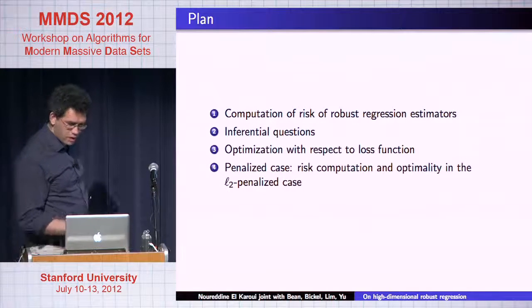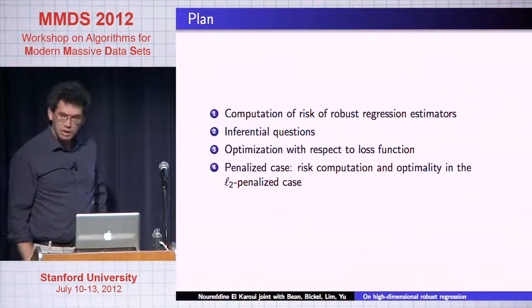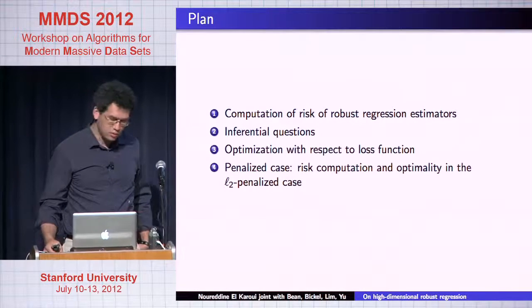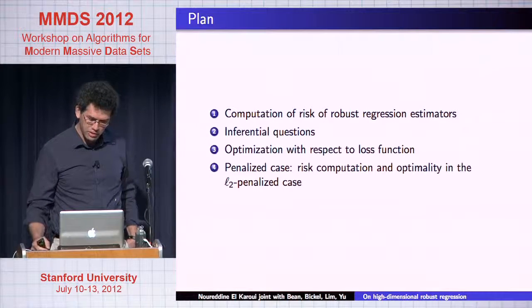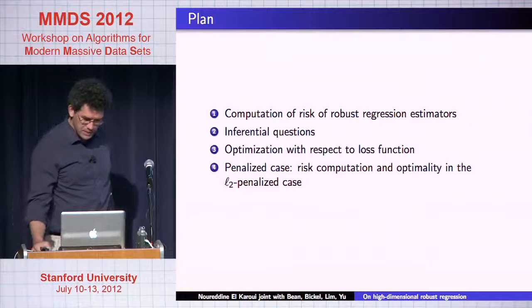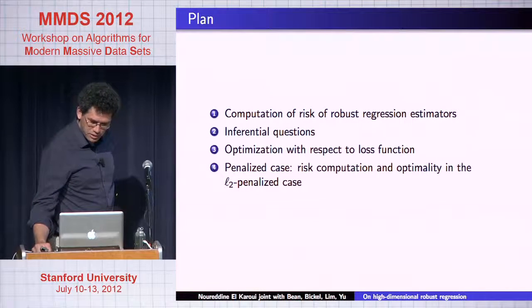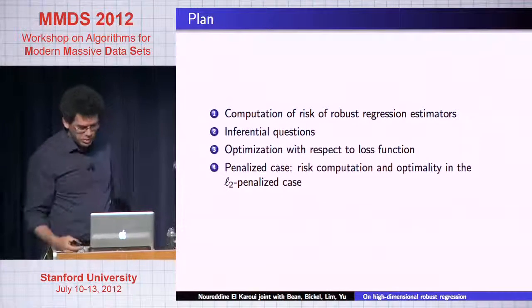Okay. So I'll tell you a little bit about the computation of the risk of robust regression estimators. Then I'll talk shortly about inferential questions. What's nice here is that we don't have bounds. We have exact asymptotic results. So we can do asymptotic inference, basically. And then I'll talk about this issue of optimizing the risk with respect to the loss function, which is where this rho opt comes from.